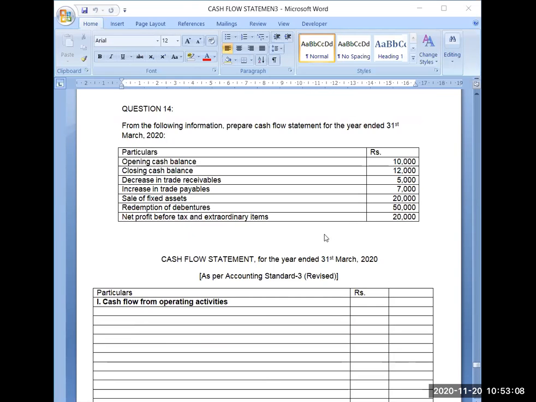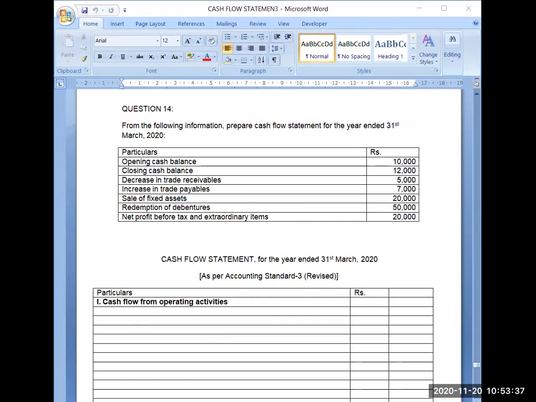So now see this question. From the following information, prepare the cash flow statement for the year ended 31st March 2020. In the particulars column, the information given here is: opening balance of cash and closing balance of cash, so it is cash and cash equivalents. Decrease in trade receivables, increase in trade payables, that is step 3 information.